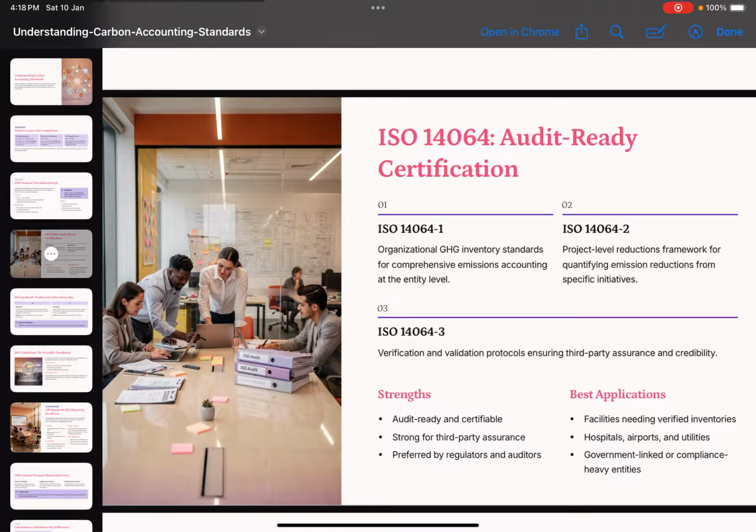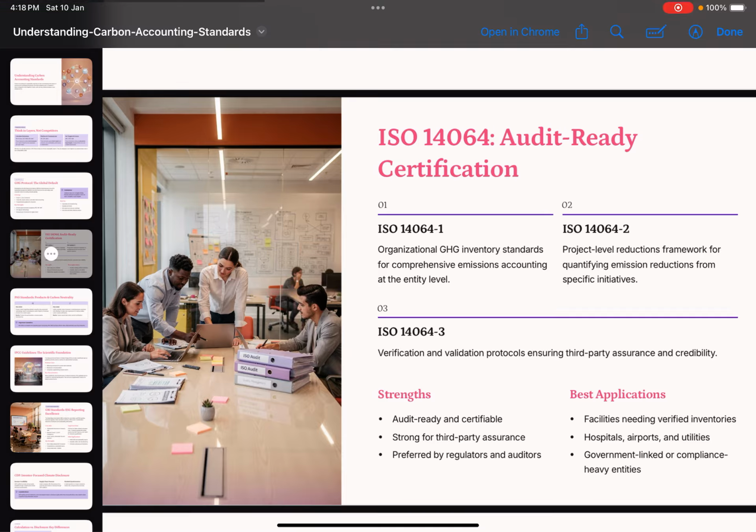For example, part 1 is about organizational GHG inventory standards for comprehensive emission accounting at the entity level. Whereas part 2, ISO 14064-2, talks about the project-level reductions framework for quantifying the emission reductions from the specific initiatives which one takes.